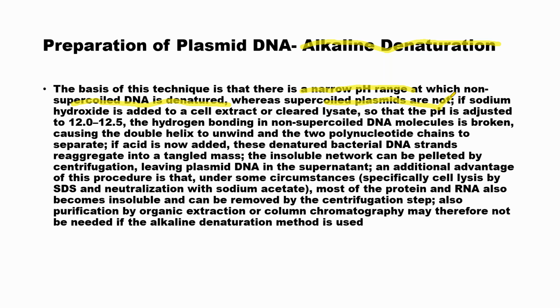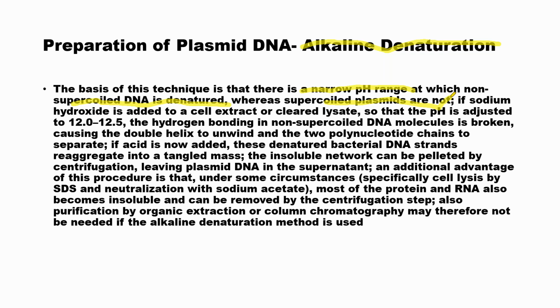The principle is that there is a narrow pH range at which non-supercoiled chromosomal DNA is denatured, whereas supercoiled plasmid DNA is not. So we apply a narrow pH range in which the non-supercoiled chromosomal DNA is denatured or dissolved and disintegrated, whereas supercoiled plasmids are not denatured.